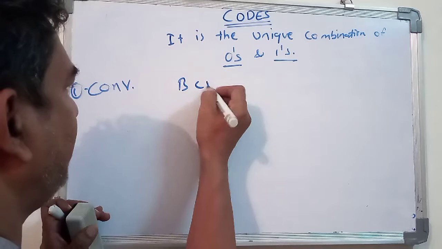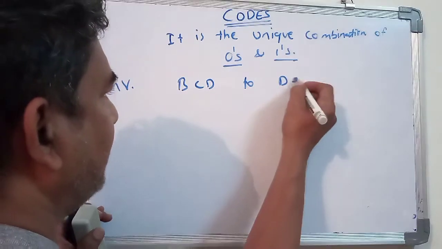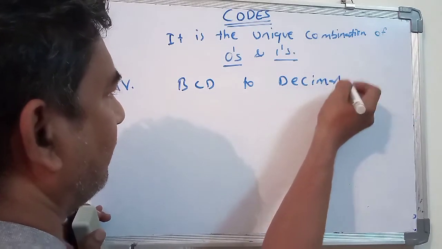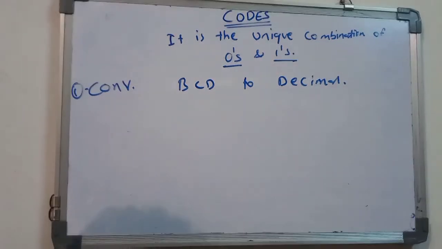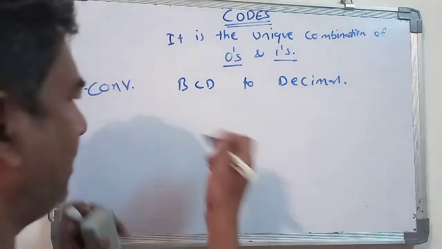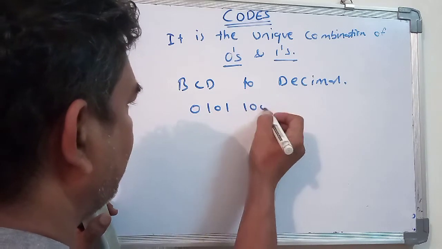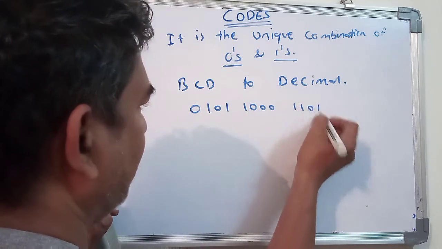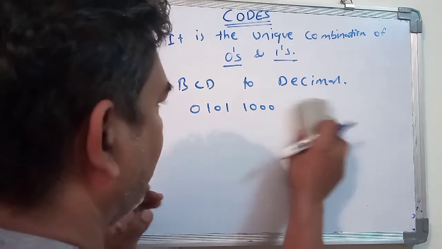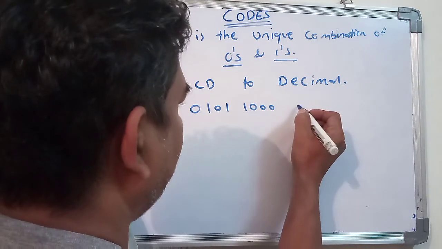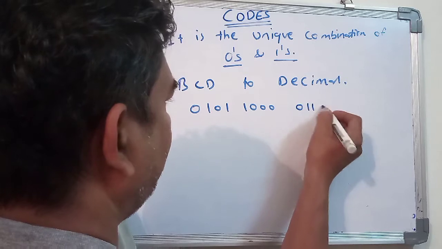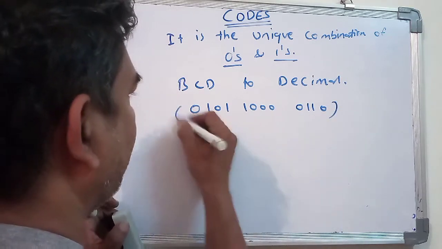You have a BCD to decimal conversion. Okay students, now this BCD number consists of 0 1 1 0 1 0 0 0 0 1 0 1.